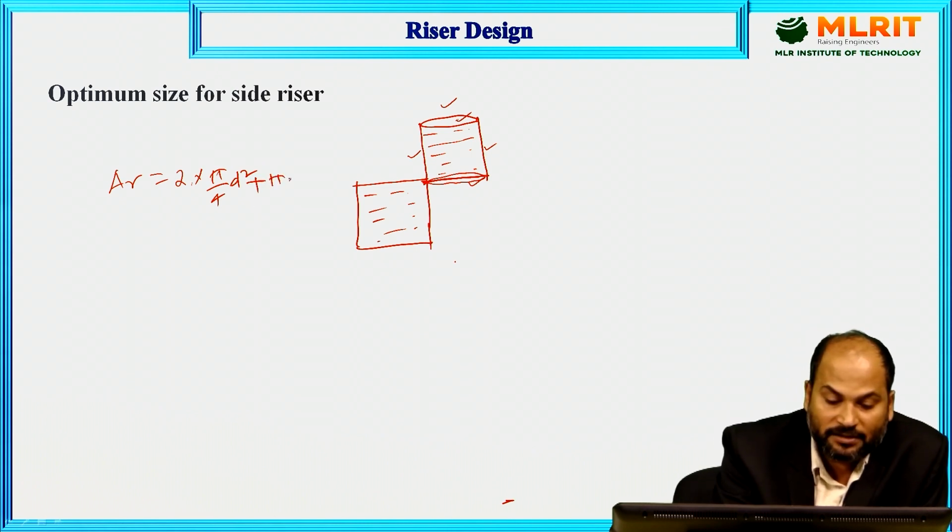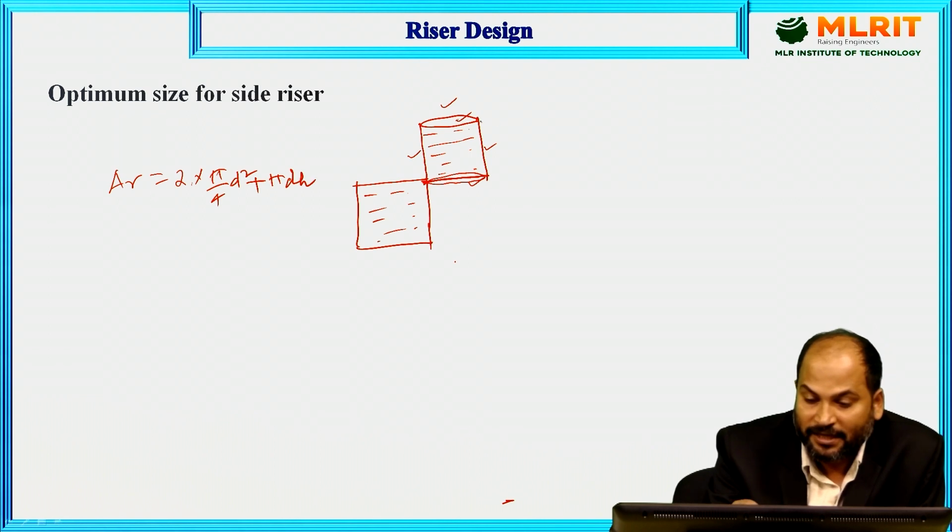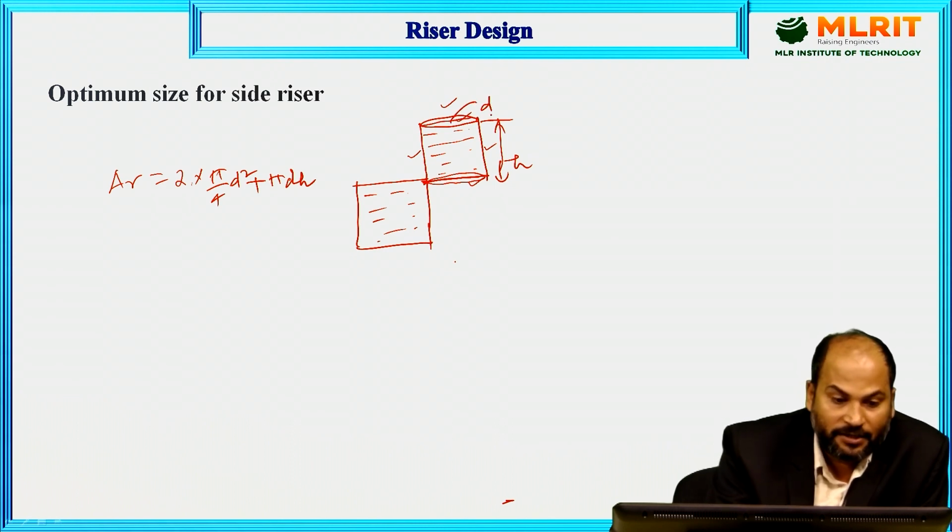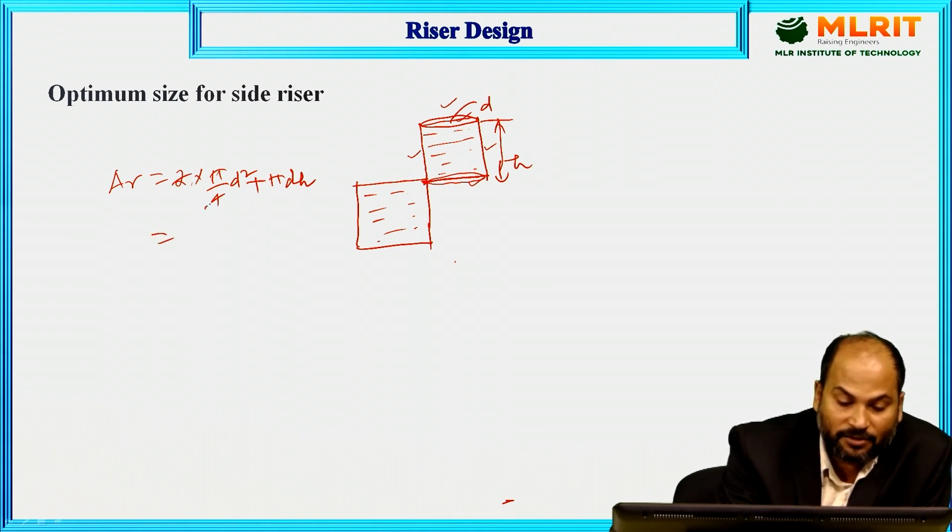We have already seen this will be pi dh, where h is the height of this cylinder and d is the diameter. So this is twice pi upon 4 d square plus pi dh, which we can write as pi upon 2 d square plus pi dh.